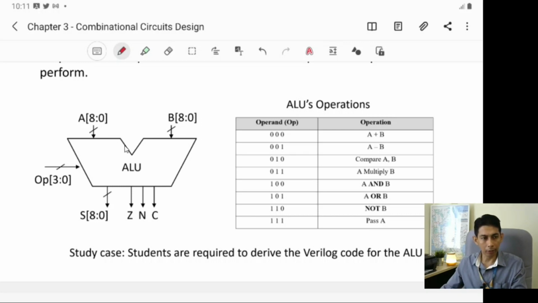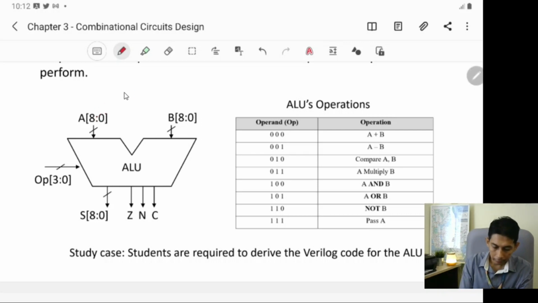And this is the symbol of the ALU. If you look in digital, this is the ALU. Normally we have 2 inputs, A and B, or X and Y, or whatever, but 2 inputs. In this case, the size is 8-bit. Actually, change a little bit: 8-bit should be 7 to 0.